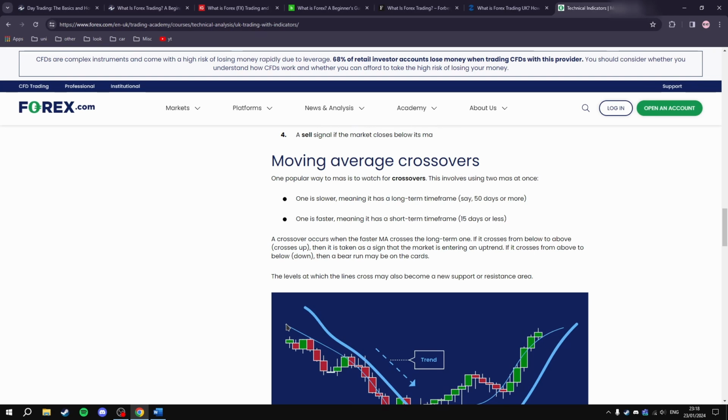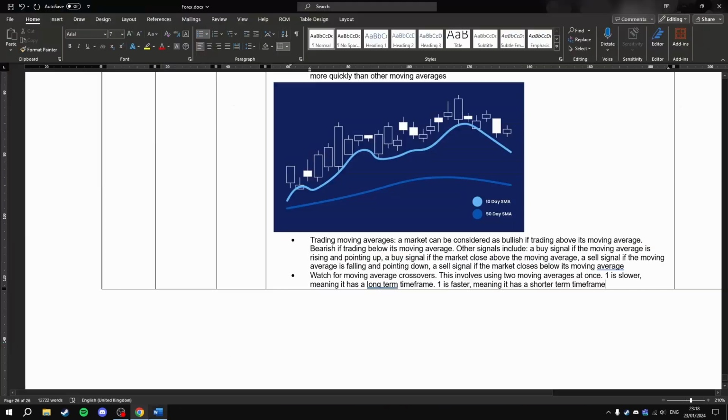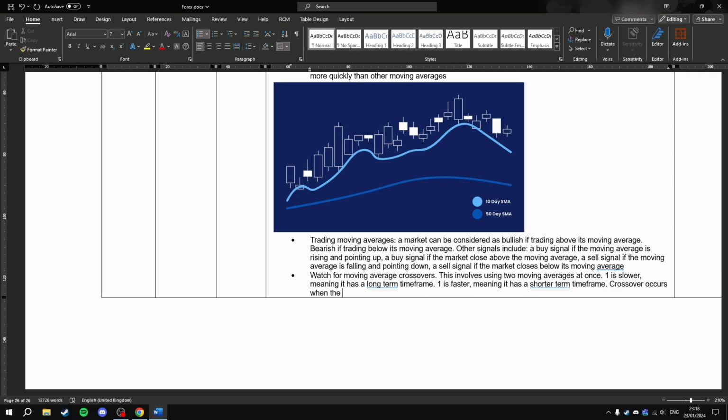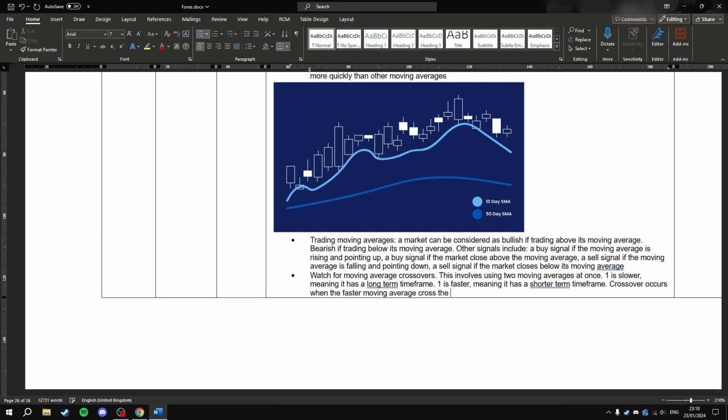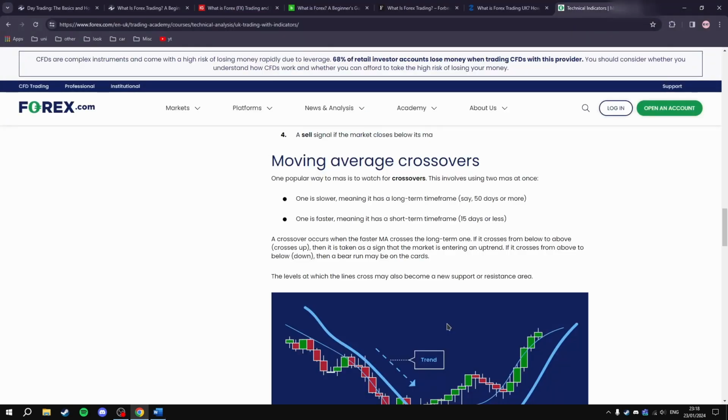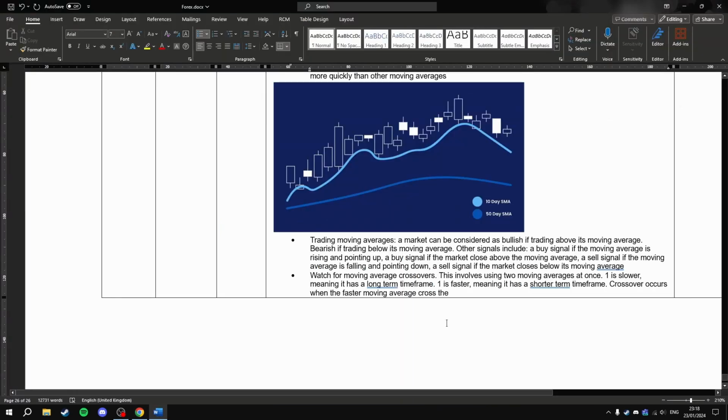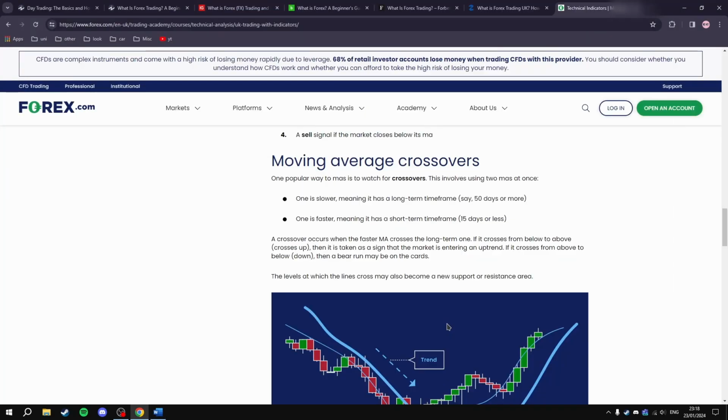A crossover occurs when the faster moving average crosses the longer term, slower moving average.